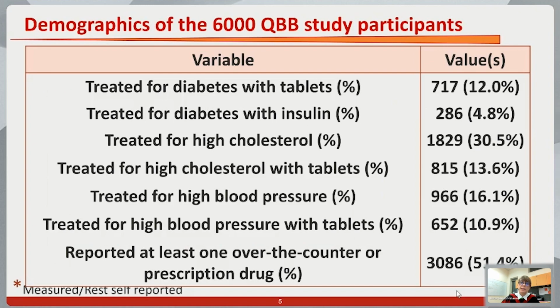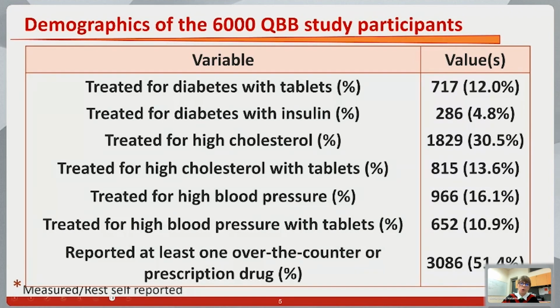What you can see here are the answers to the questionnaire, in which people were asked whether or not they are treated for diabetes with tablets or with insulin, but the questions also reflected on multiple other diseases.